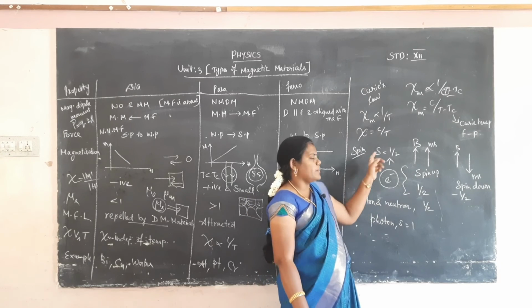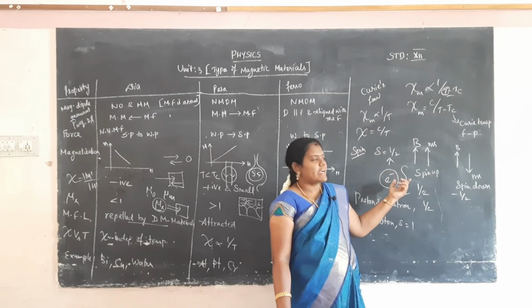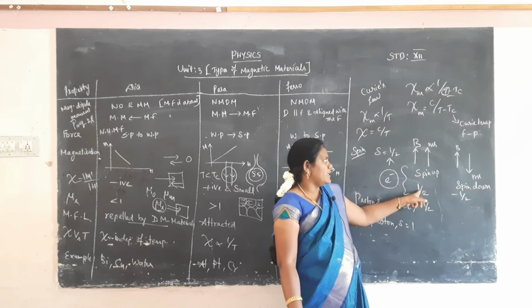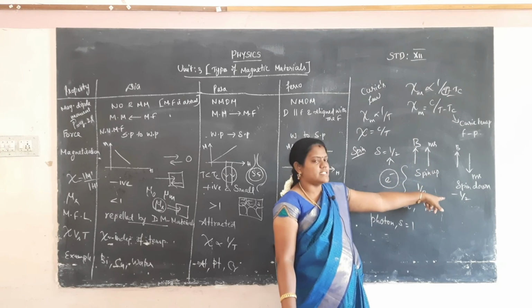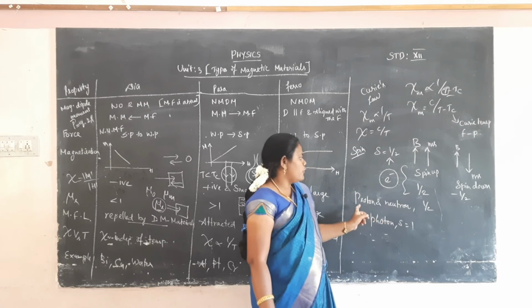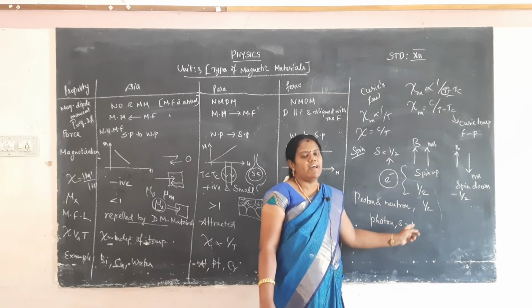The spin value is half; parallel to the magnetic induction it is spin up, anti-parallel it is spin down. For proton and neutron the spin is half, and for photon the spin value is 1.